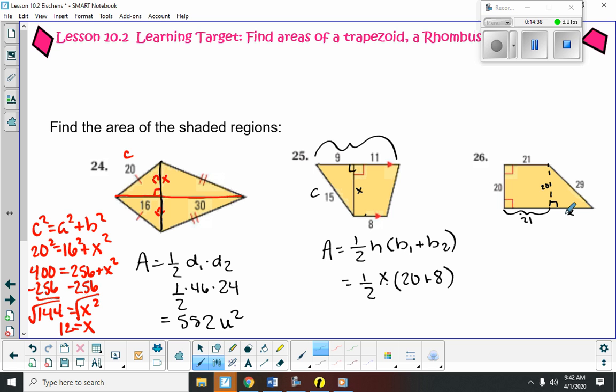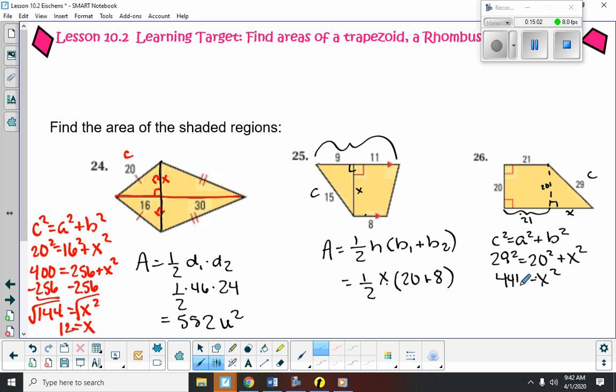So let's do the Pythagorean theorem. This would be the c. So c squared equals a squared plus b squared. So 29 squared equals 20 squared plus x squared. And that would be 441.